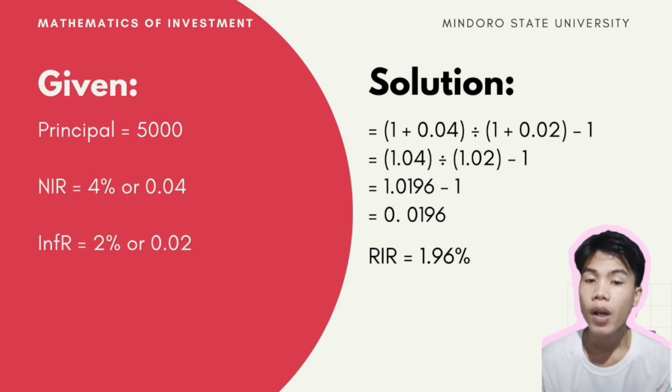Then it will become 1 and 196 ten-thousandths minus 1, which is equal to 196 ten-thousandths or 1.96%. Therefore, the real interest rate Sarah earned on her investment after adjusting for inflation rate is 1.96%. This accounts for the impact of inflation on the purchasing power of her investment.